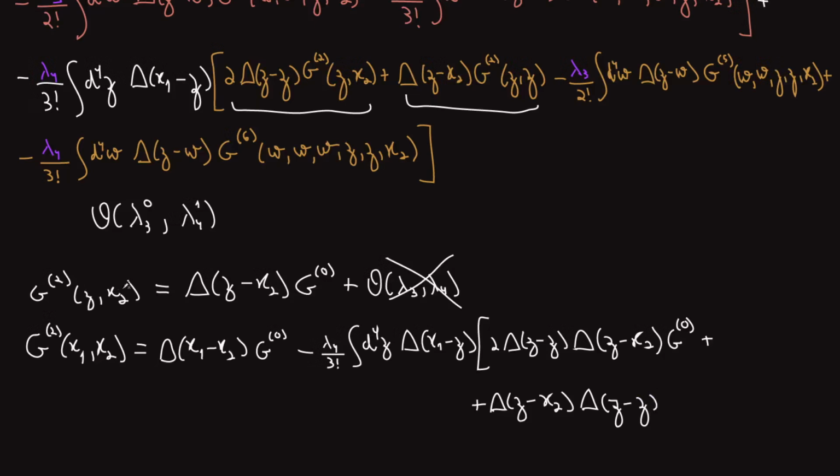Instead of Z X2 I have dz, G0, and this is all up to order 1 in lambda 4 and order 0 in lambda 3. So there are more terms which are at the very least linear in lambda 3 and quadratic in lambda 4. I'm ignoring those extra terms.